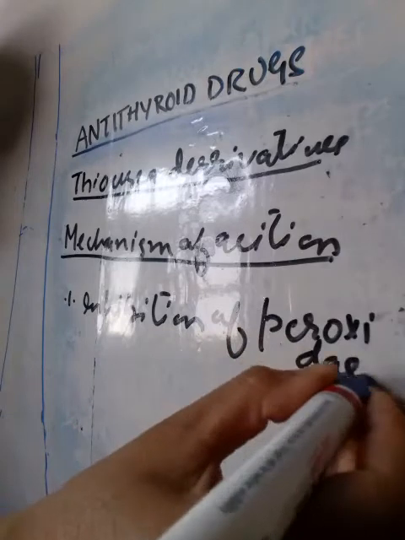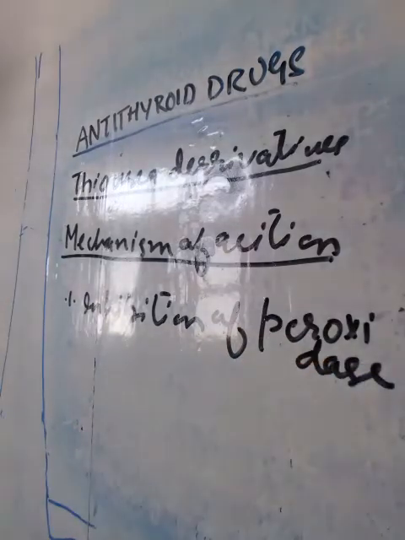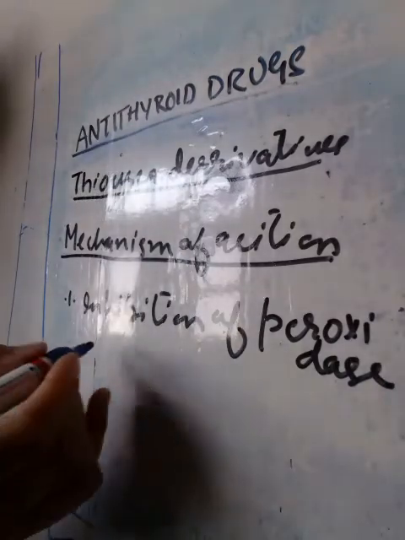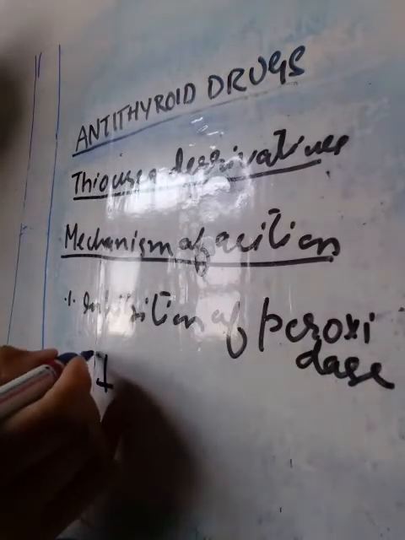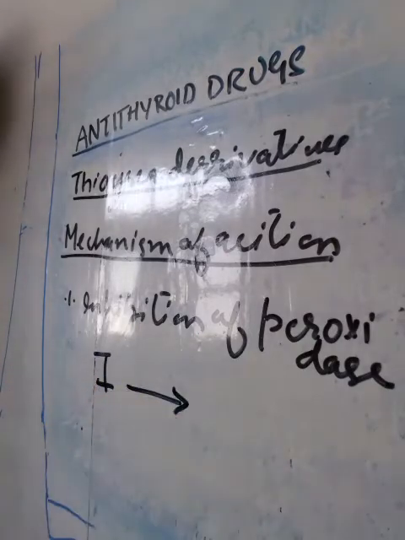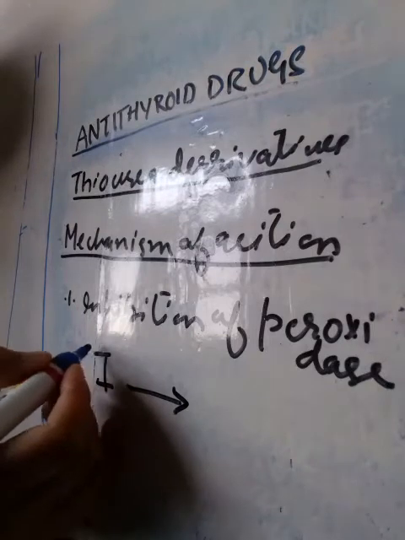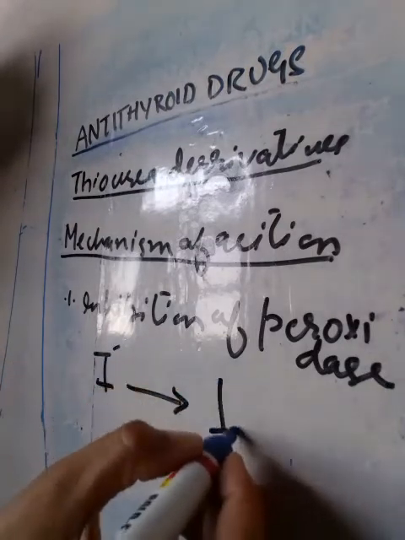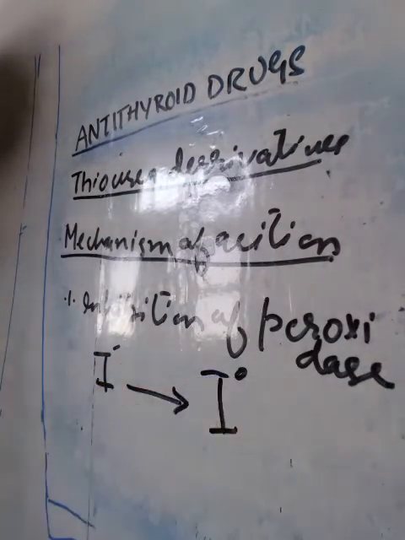We earlier studied that in the synthesis of thyroxine, there is a step in which the iodide ion, negative, gets oxidized into neutral iodine.